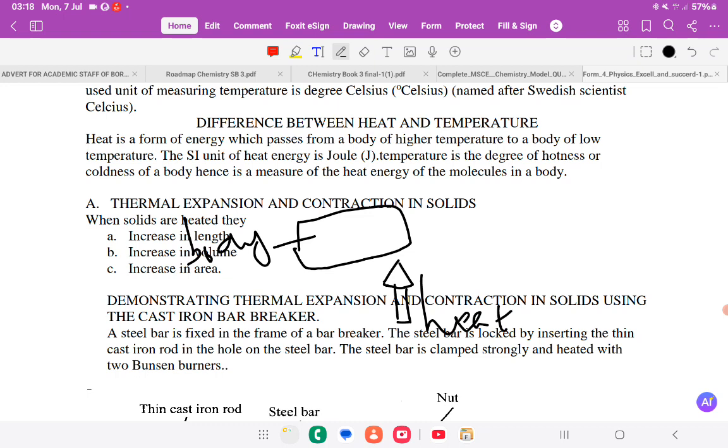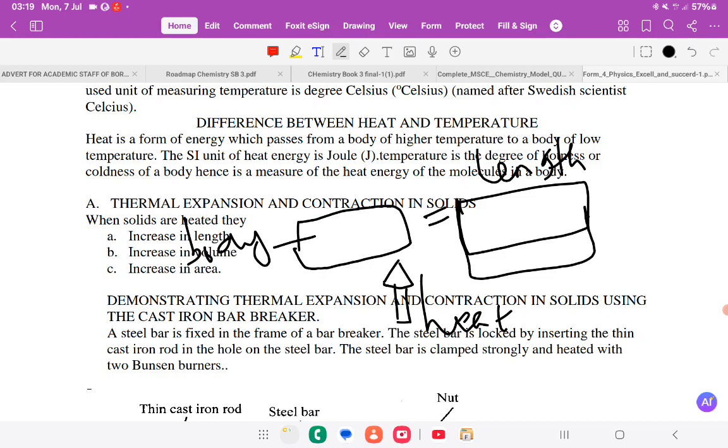All right, so we're saying three things can happen. One of the things is that the body can increase in length. So there's an increase in length, but it can also increase in volume.